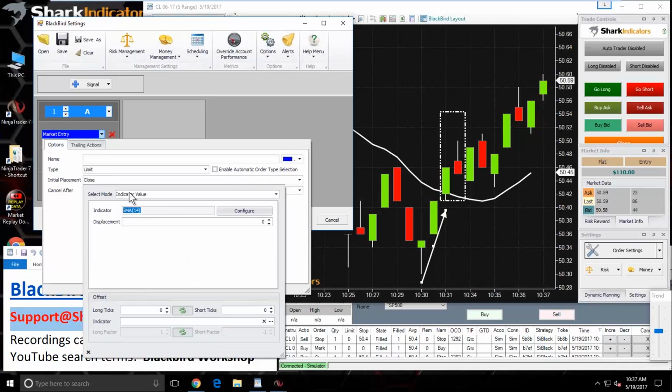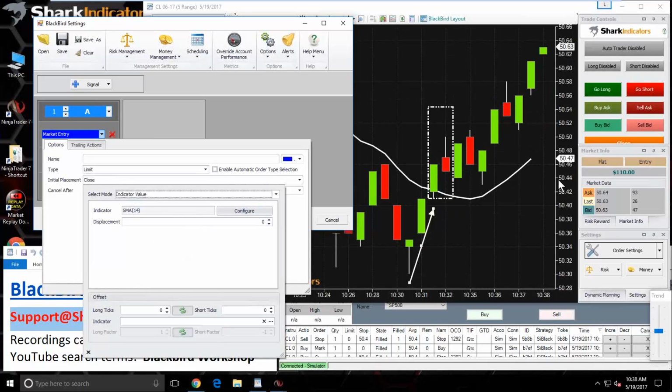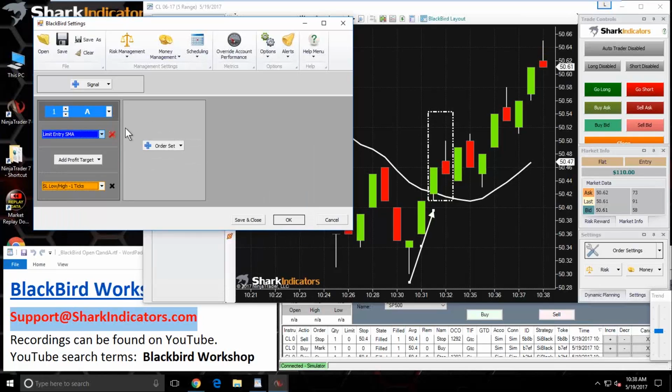Just set your select mode. We need to select the mode of using an indicator value versus using price. So we're going to use an indicator value. And I think that white line is an SMA 14. So as an example, I can just set my initial placement to the SMA 14, like so.